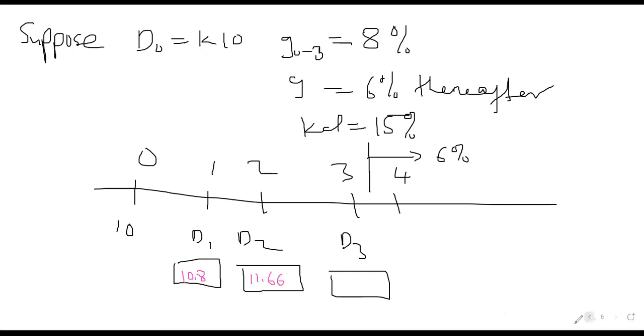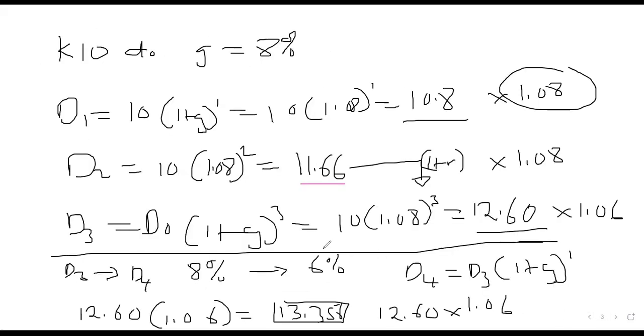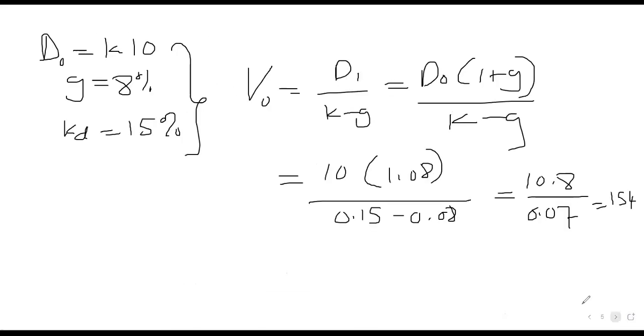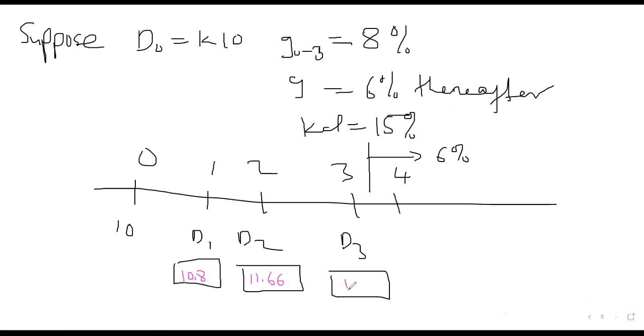And for year 3, we calculate this 12.60. So we're going to put 12.60. Now for year 4, we cannot use that formula, but we just multiply this because the growth rate has changed. So we simply multiply this one by 1.06.